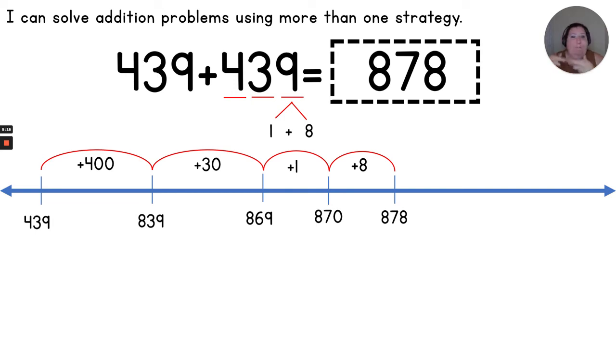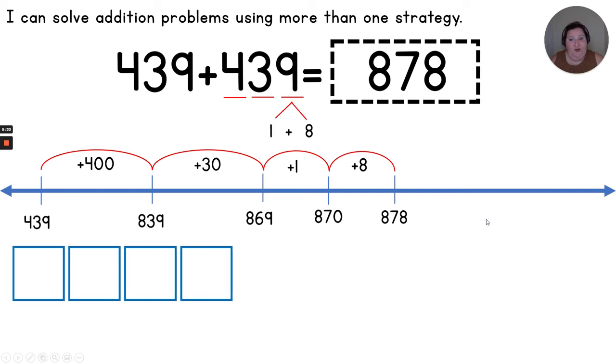Hundreds are represented with boxes or squares. Tens are represented with sticks. Ones are represented with circles. Let's draw 439 in place value notation. 100, 200, 300, 400. Now, 3 tens: 10, 20, 30. 9 ones: 1, 2, 3, 4, 5, 6, 7, 8, 9.